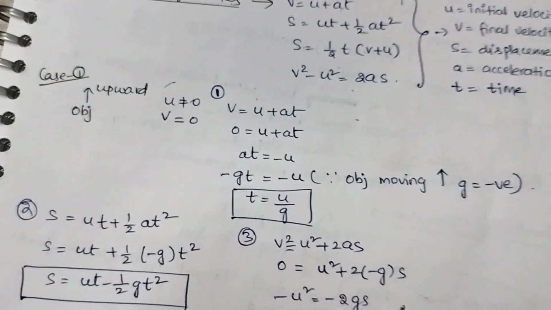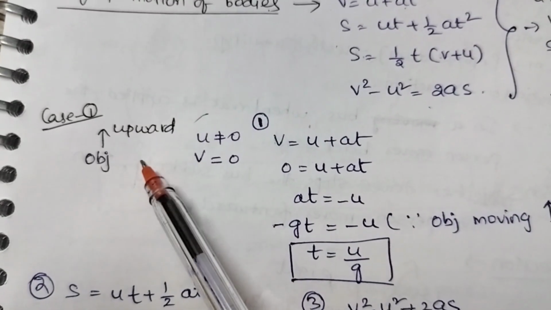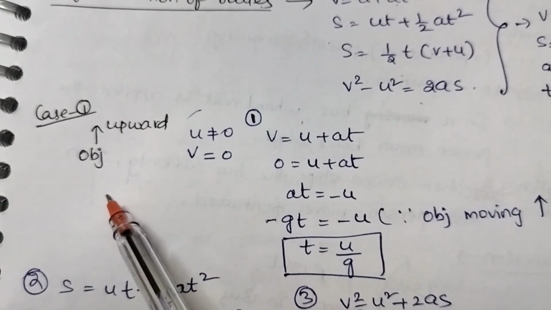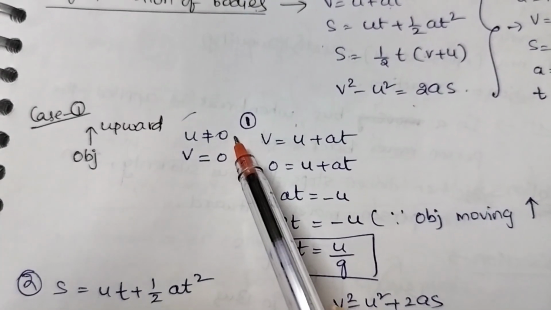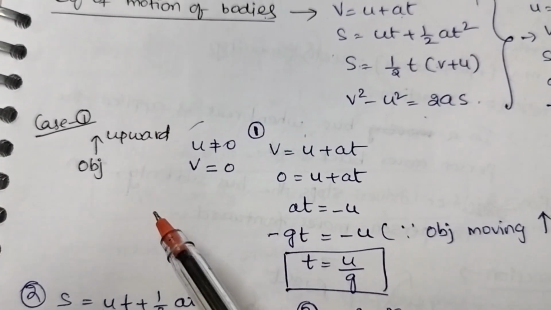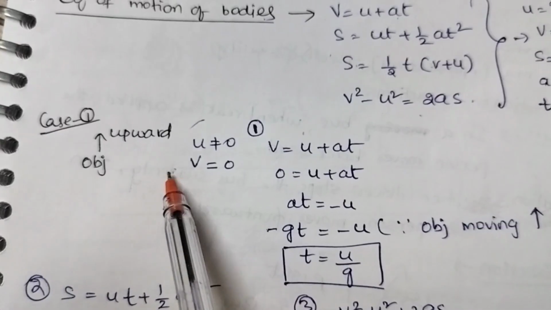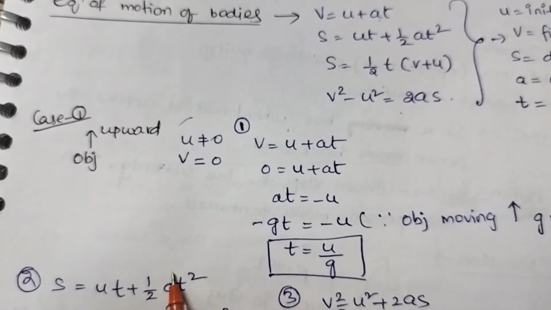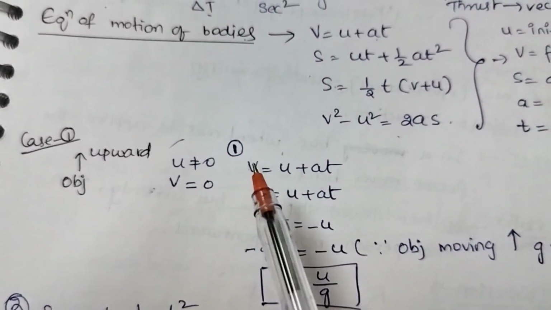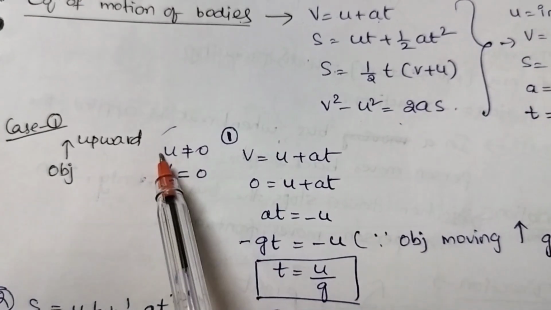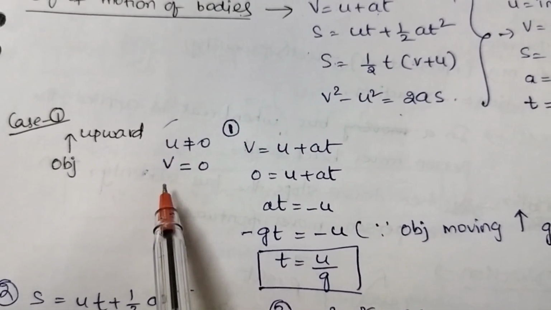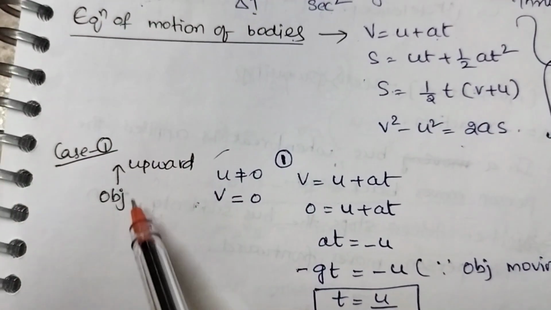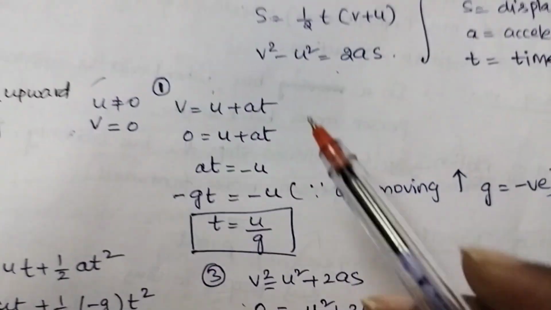Okay. When the body is moving upward, there will be some initial velocity, which means U is not equal to 0. And at a certain point after reaching some height, the velocity becomes 0 and then it tries to come down. So final velocity becomes 0. Initial velocity is never 0, but final velocity will be 0 in case of an object thrown upward.